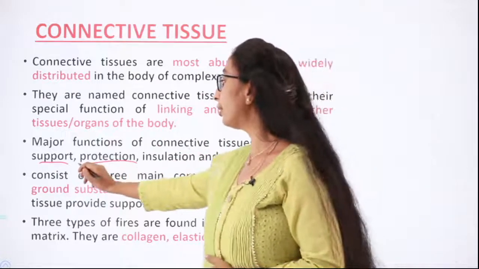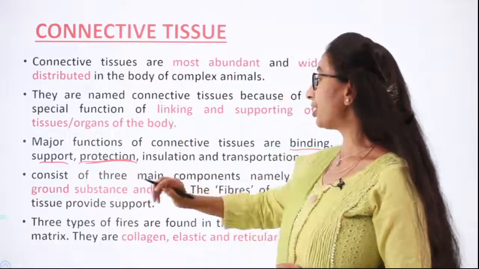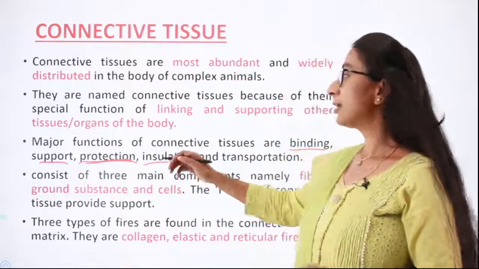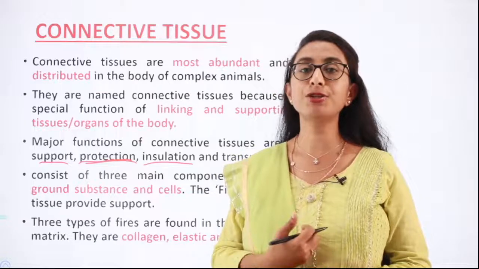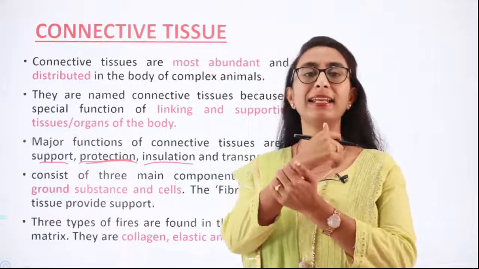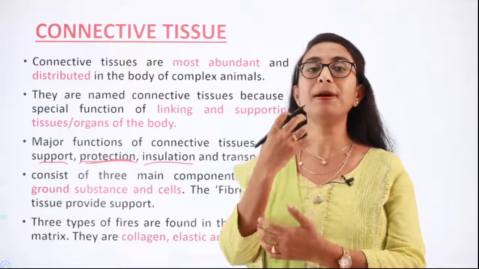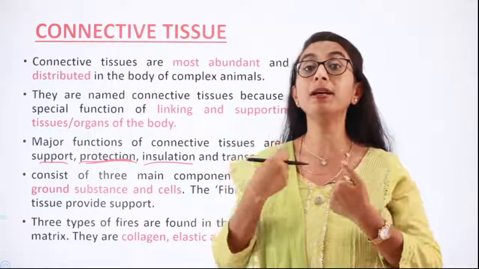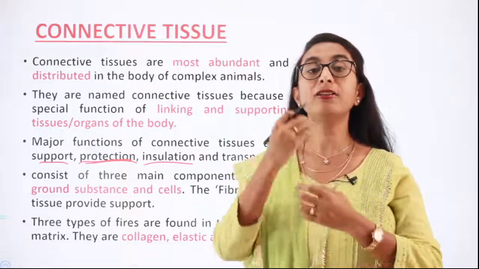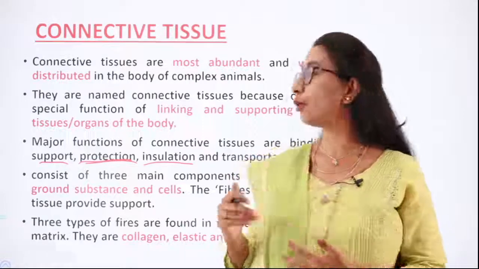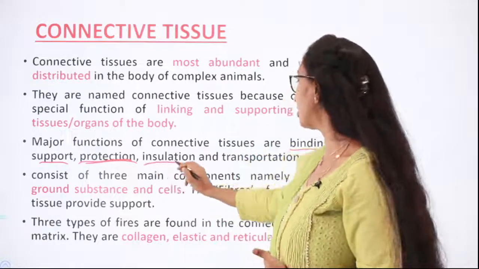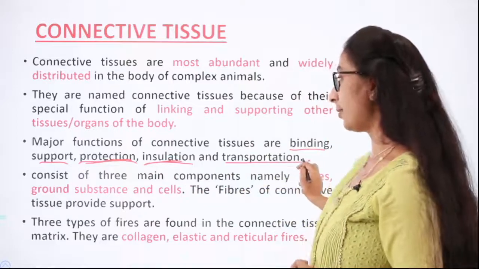They also have the function of insulation. Under connective tissues we have adipose tissue and areolar tissue which are present just below the skin. There they help us in keeping the body warm, isn't it? The fat cells provide insulation, it keeps our body warm. So they have the function of insulation and transportation as well.